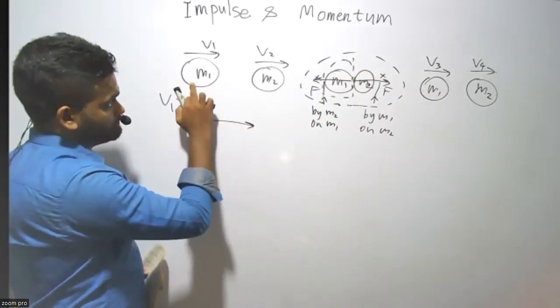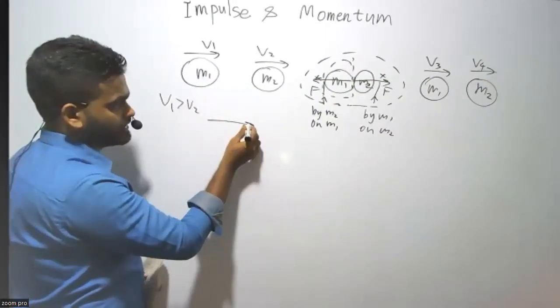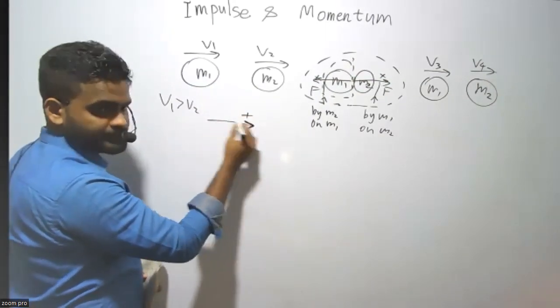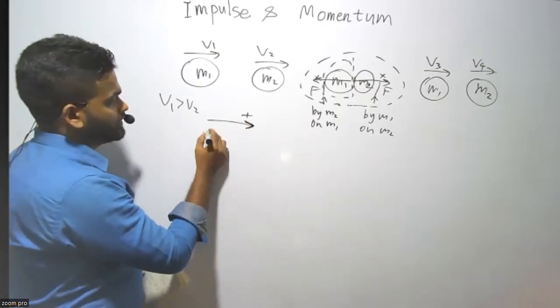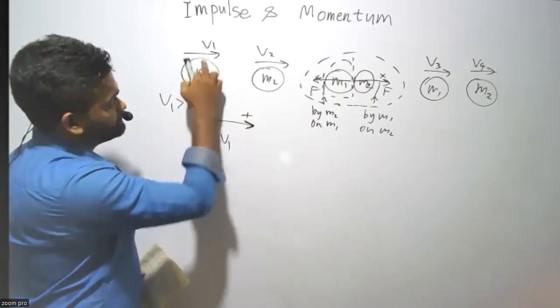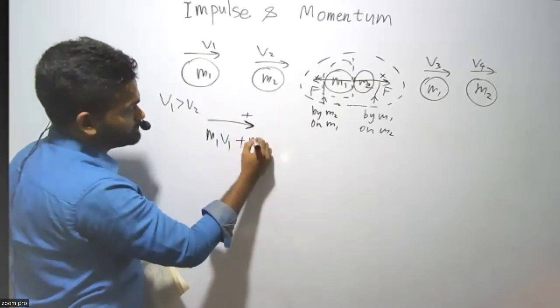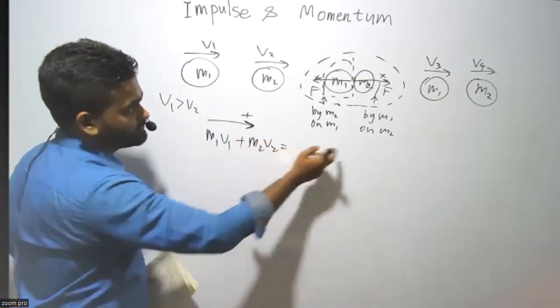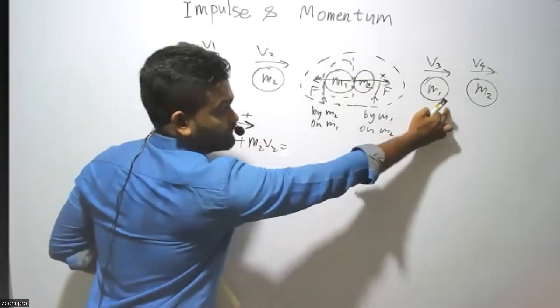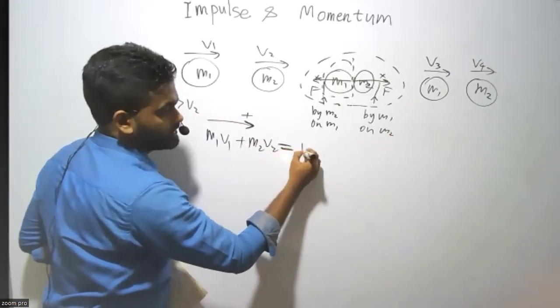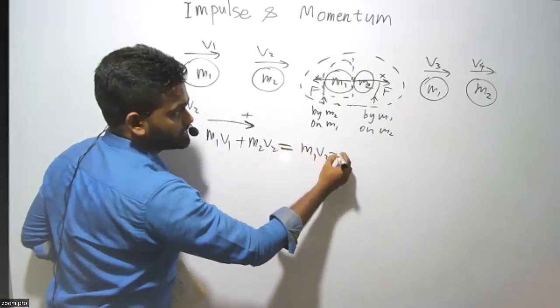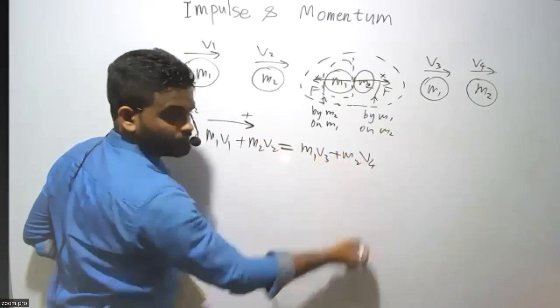What is the before momentum? I define a positive direction, right? Anything to this direction is positive. So initially m1 v1 plus m2 v2 is equal to the after collision momentum, m1 v3 plus m2 v4.